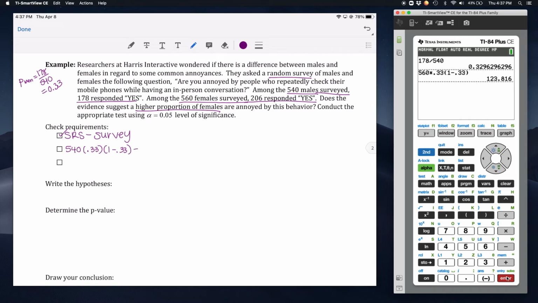And sure enough, we get 123.82, which is greater than or equal to 10. Okay, we're safe there. Let's double check the same thing with women.